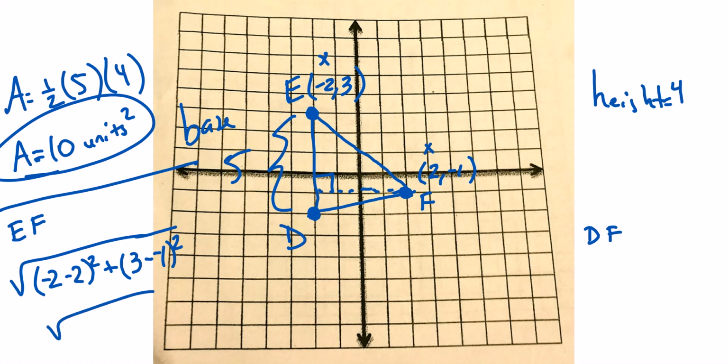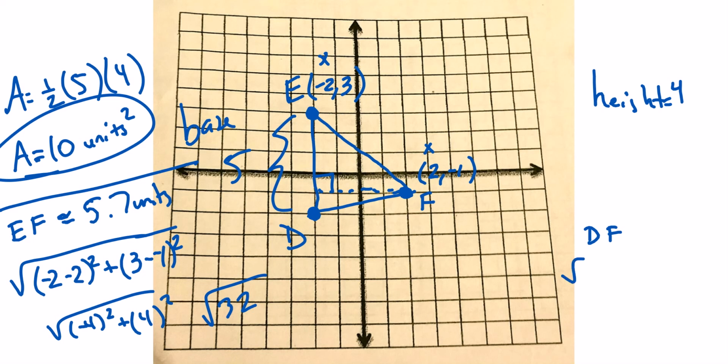So I'm going to get the square root of -2 minus 2 is -4 squared plus 3 minus -1 is a positive, so it's 4 squared. So once again, I get the square root of 32, which hopefully we remember from earlier. So we know EF is going to be about 5.7 units.